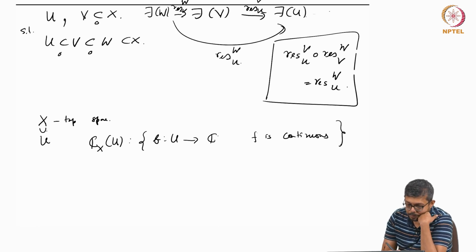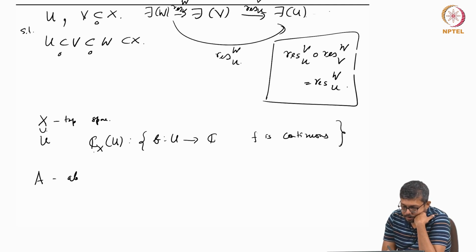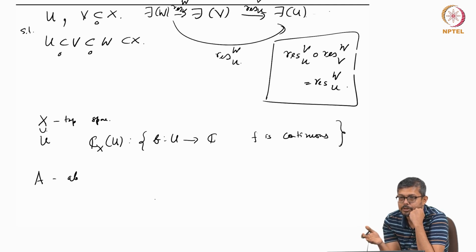In particular, suppose A is any abelian group. You have this restriction function, right? If you take a continuous function and restrict it on a smaller open subset, that is also continuous. And then the diagram is also commutative: the restriction of another restriction is the restriction to the smallest one.